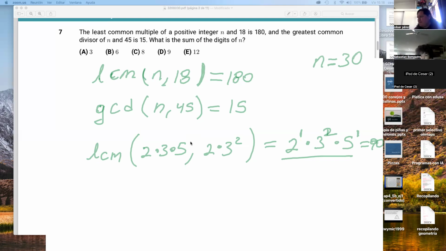Do you agree? Do you understand? So n cannot be 30. Must be greater than that.